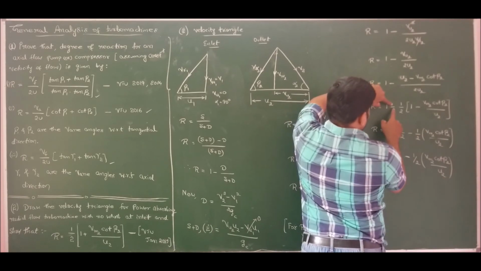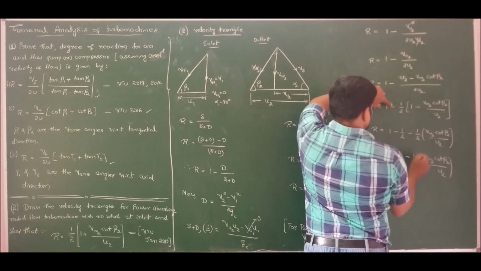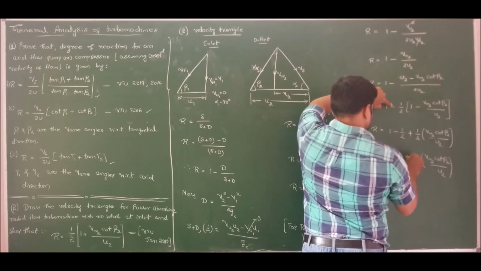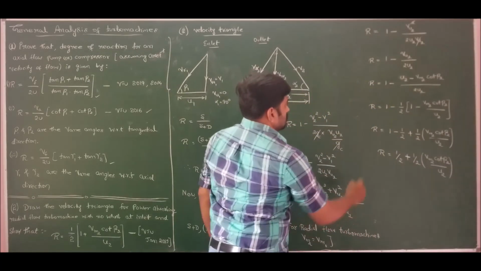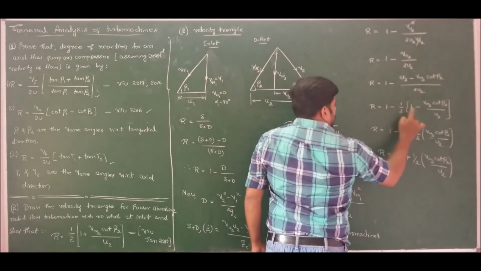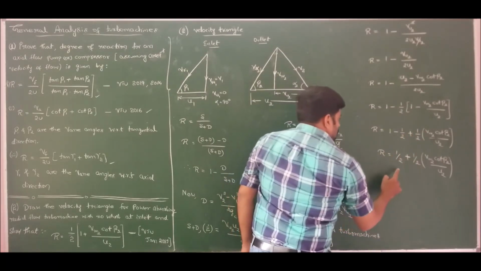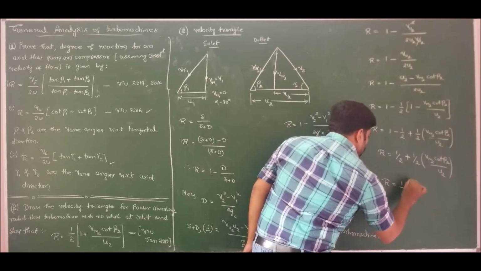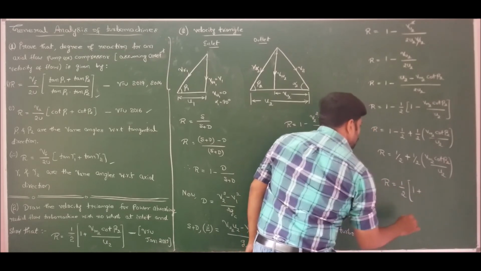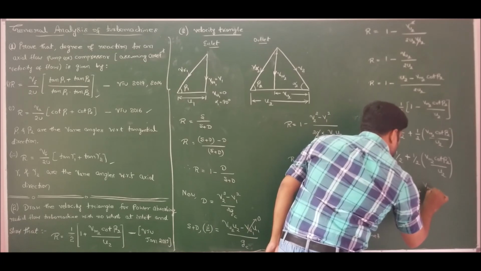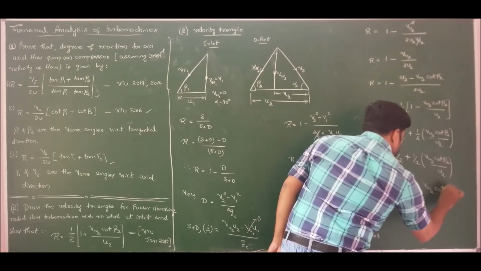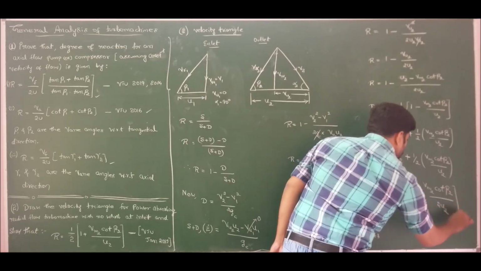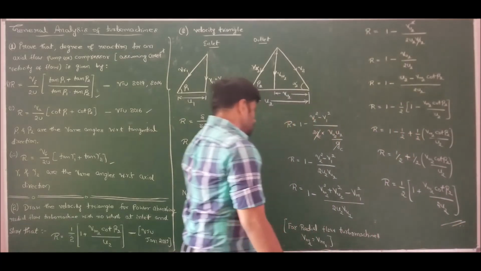Minus of minus should become plus. Correct? Minus of minus is plus. So now if I take half common, I get R equal to 1 by 2 of (1 plus Vm2 cot beta 2 by U2). Hence proved.